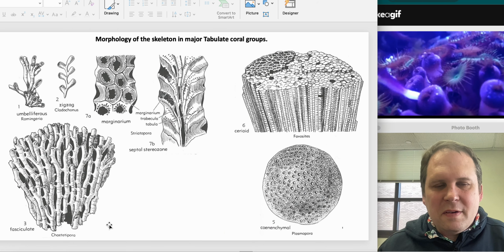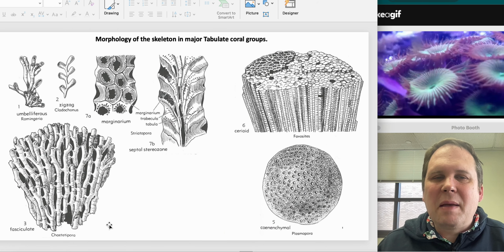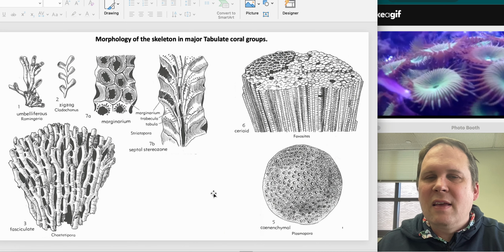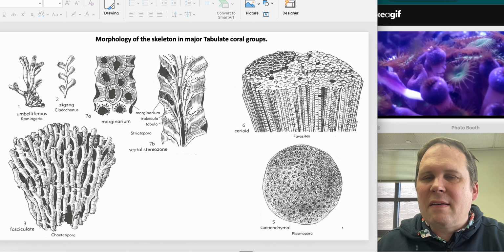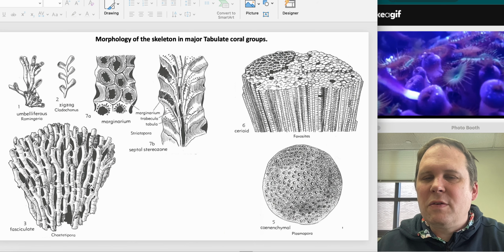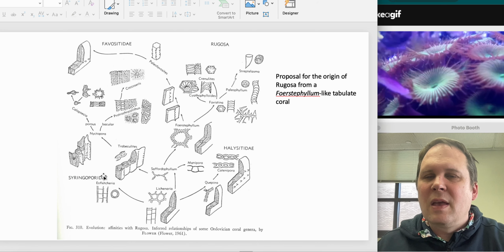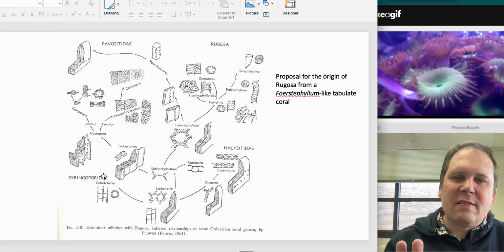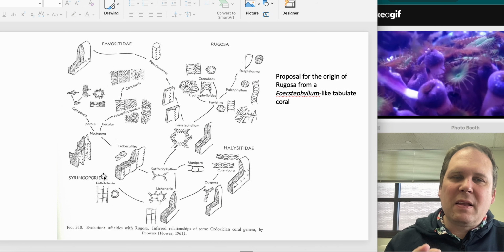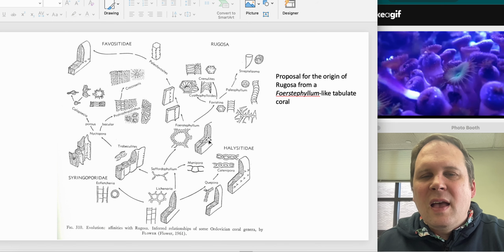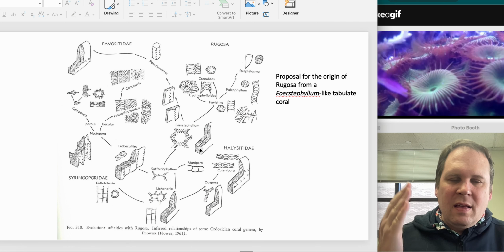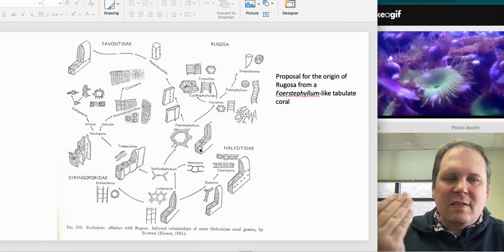So here are more of those little examples of tabulate corals. Some of them look like a beehive, some of them look like a little chain, some of them look like little branchy tubes, but still connected to each other. What you see during their development is that you get development of the hard parts, and so there will be little walls that are attempting to divide off the chamber.